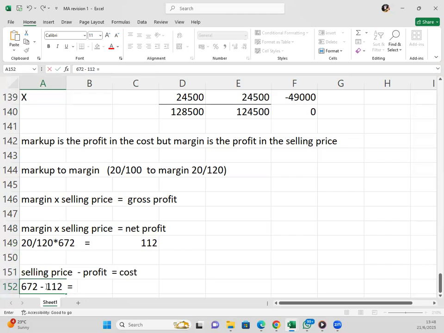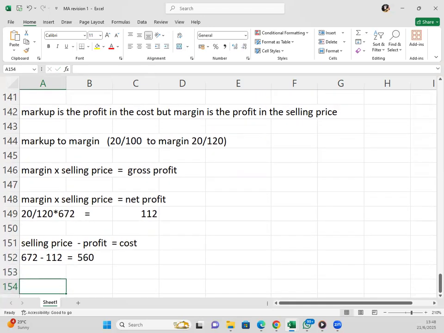Yes, Mr. Barry? Or anyone, please, let's be fast. 560, sir. Yes. So having 560 as our cost, the costs of the business are broken into two.